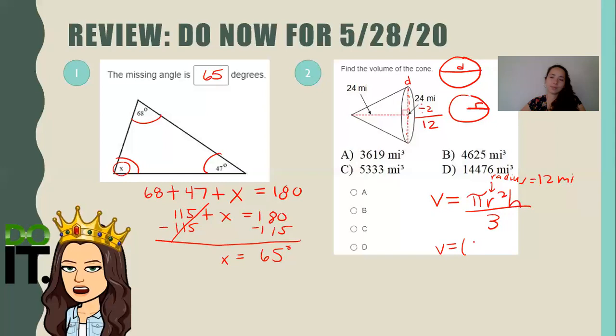It's a number. Thank you. I've been asking that for the last few minutes. 3.14. And then my radius is what? 12 squared. And then what's my height? 24. And I divide all that by 3.